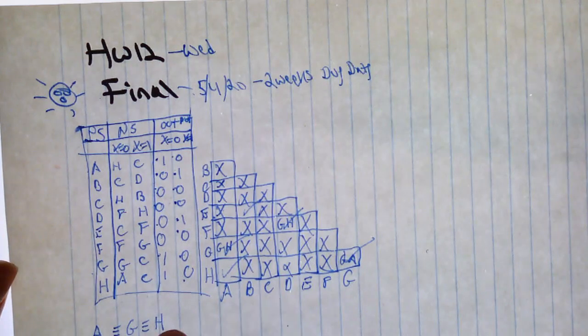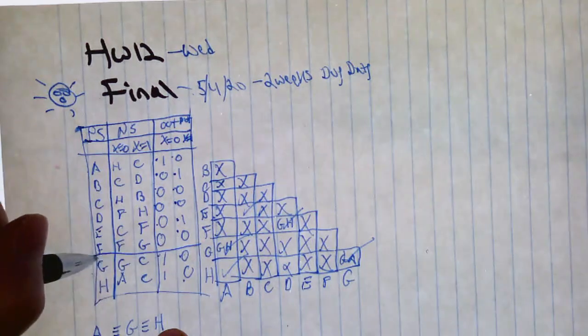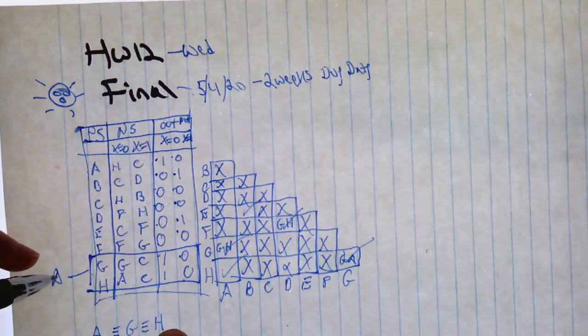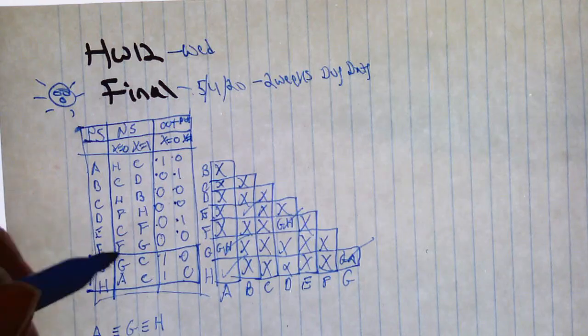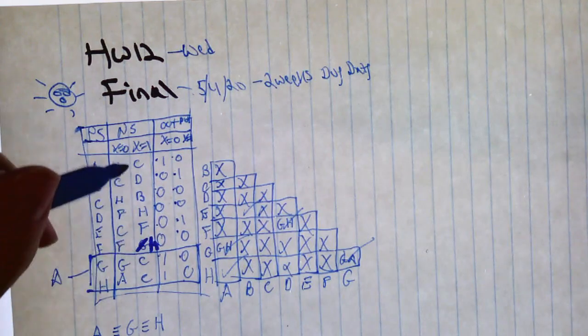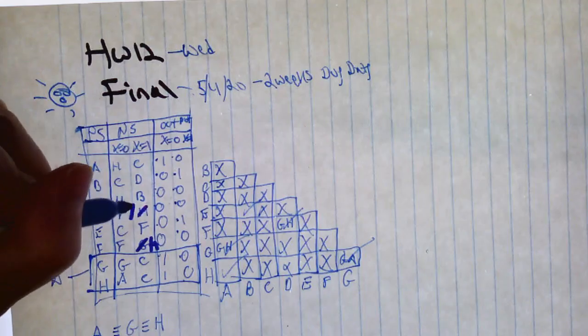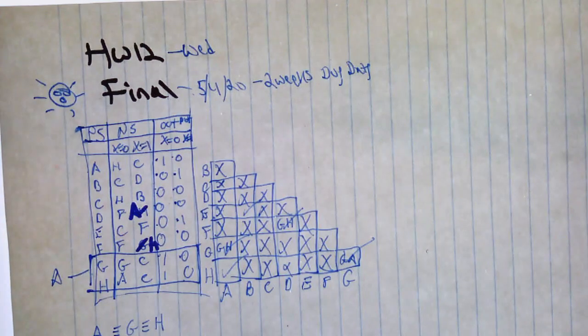So what do we do? This part, right in through here, that's A. And anything that makes reference to it can be written as A. So anytime you see a G, that's A. Anytime you see an H, that's A. What about, changing colors now, what about D and F?